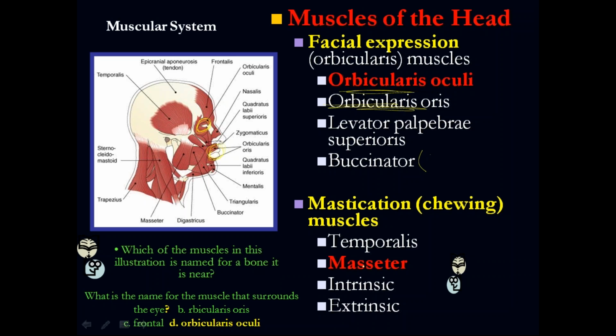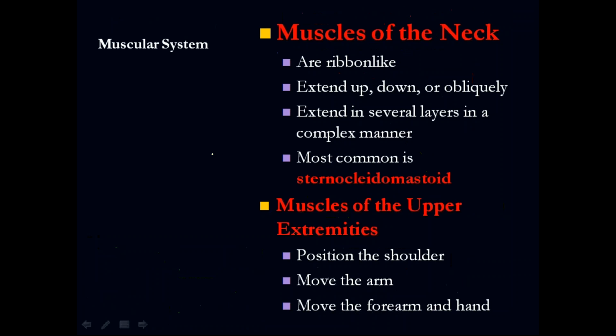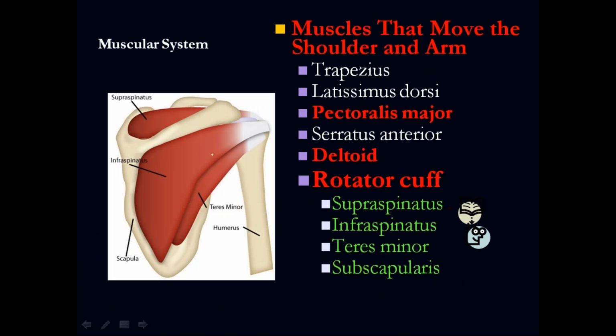We have the muscle of mastication, the masseter muscle. This is the masseter muscle, which makes you chew the food, right? If you try to whistle, the buccinator is going to contract and produce the whistle.